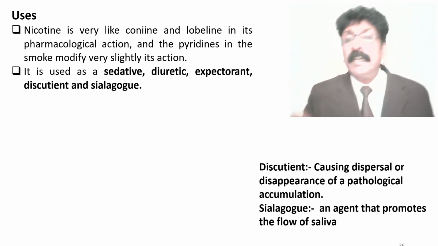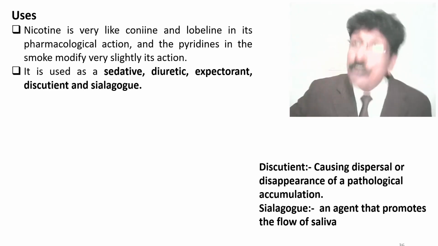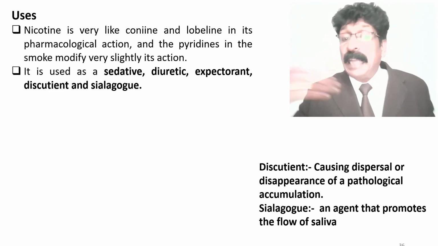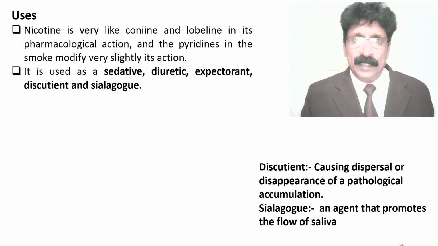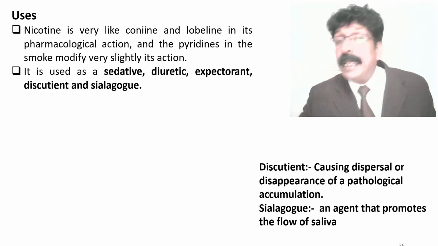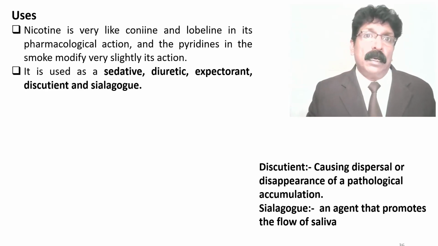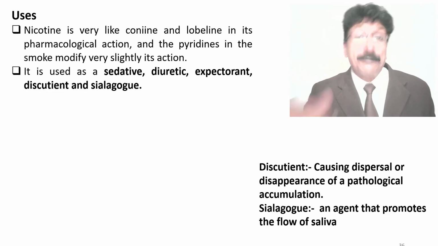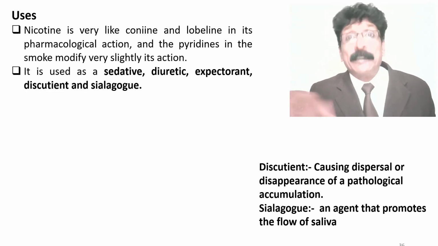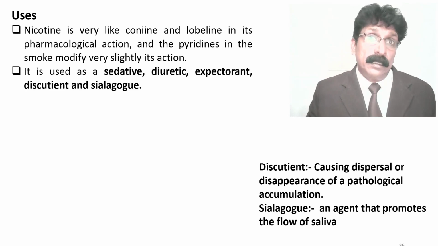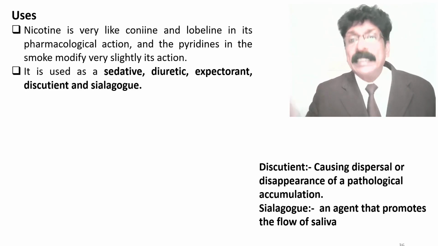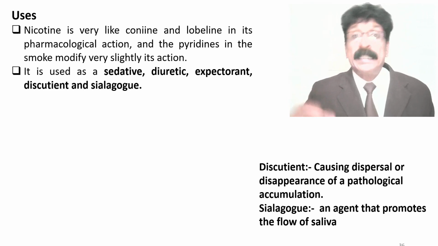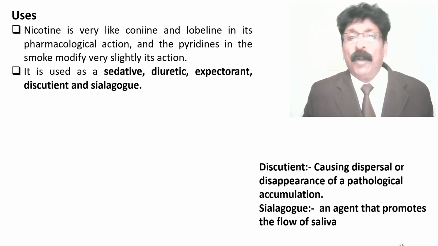Discutient means causing dispersal or disappearance of a pathological accumulation. Even saliva can be spat out and discarded. Expectorant means to expel outside a pathological accumulation of infected substances from the body.